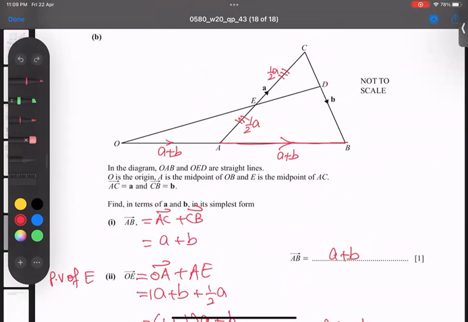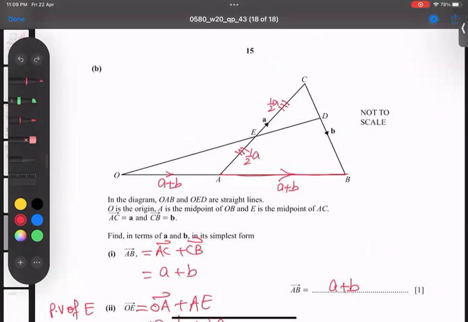Here I want to introduce one very, very important property, and you have to listen carefully. Wait a minute. This is a parallelogram. In a parallelogram we have one extra property that you must understand.